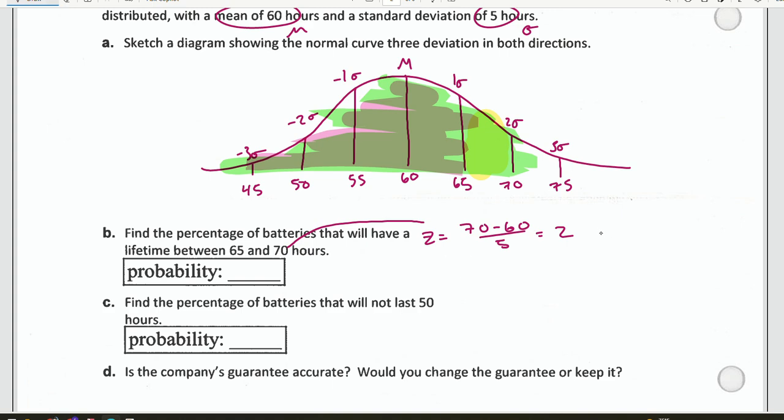Normally it's a decimal, which, looking at our z-table, is going to tell us the probability. So let me actually pull up a z-table so we can have it. I have a formula sheet that I'm going to post.